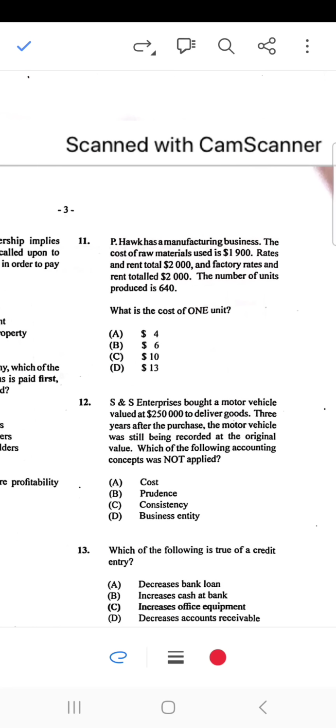So number 11, I believe there is an error. So they ask you what is the cost of 1 unit. So we want to know the cost per unit. So we add up our total cost, which would be 1,900 plus 2,000 plus 2,000, which is 5,900, and divide by your total units, which is 640.